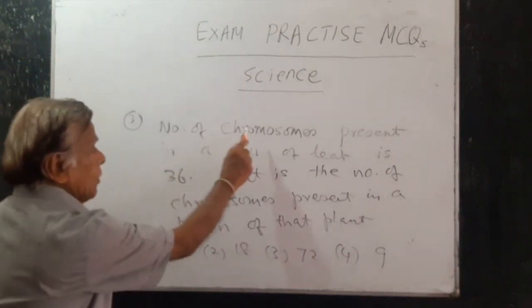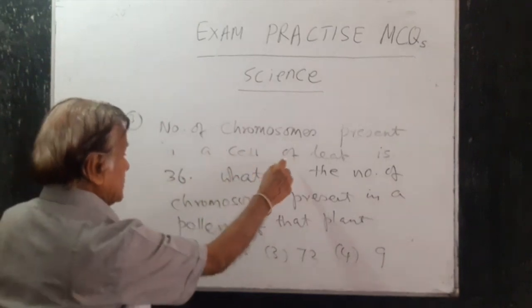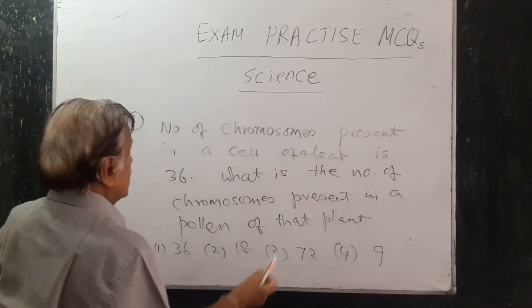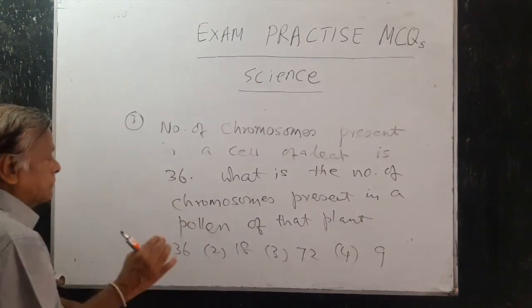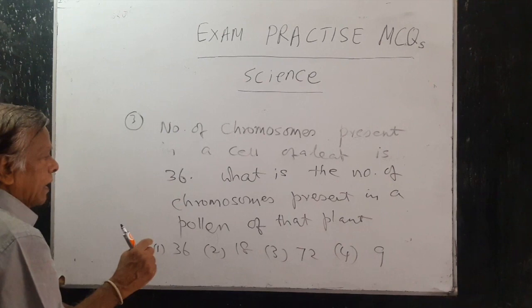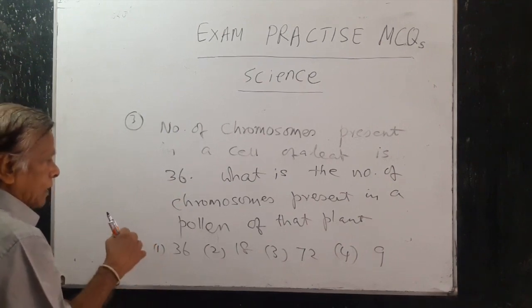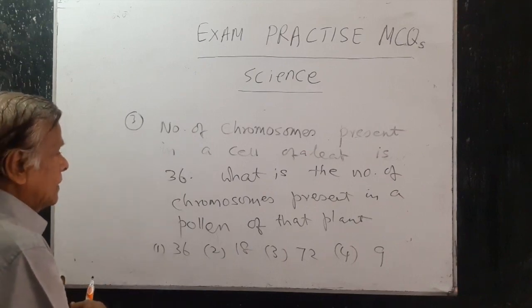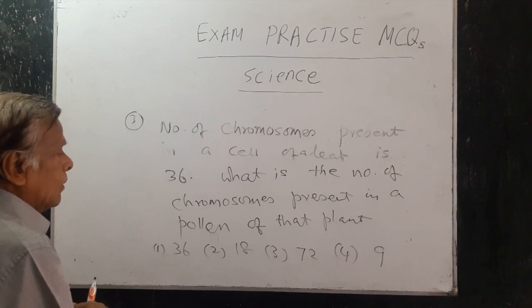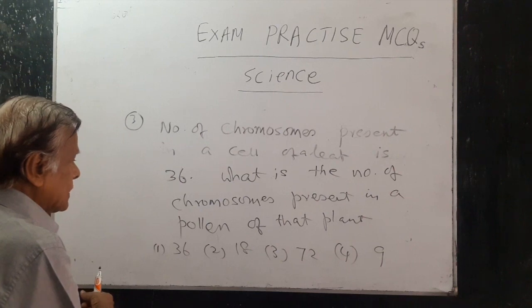The number of chromosomes present in a cell of a leaf is 36. In a leaf cell, the number of chromosomes present is 36. Now, you are asked to find out the number of chromosomes present in the pollen of a flower of that plant.